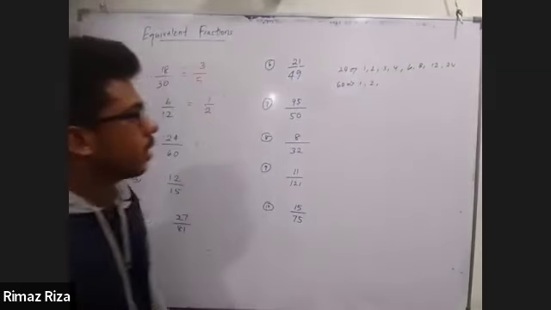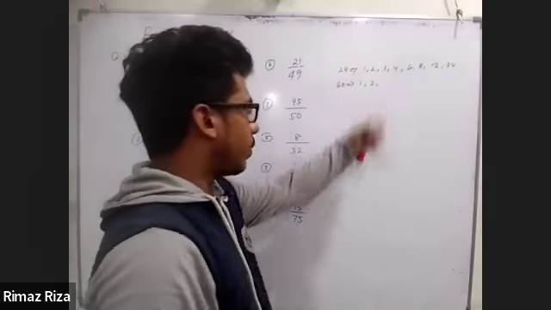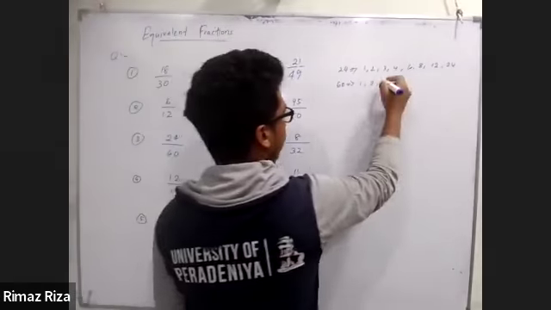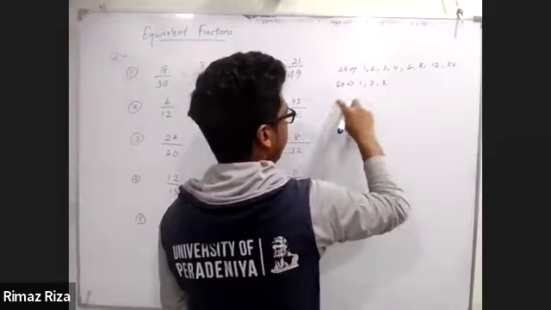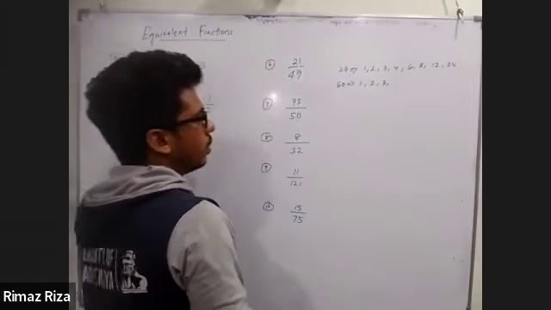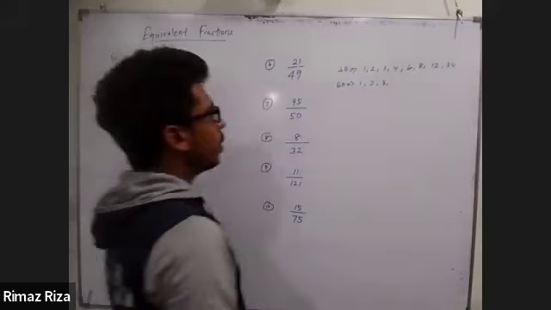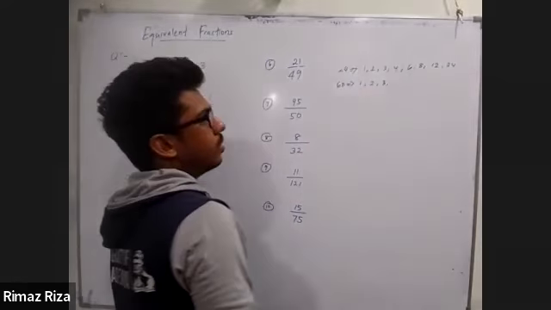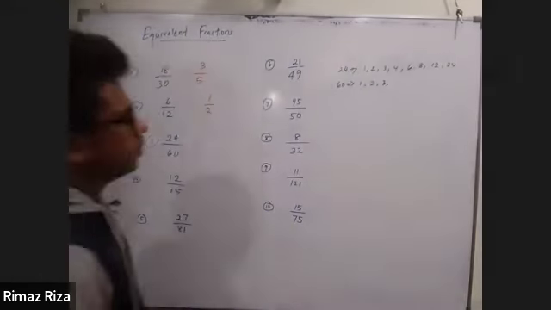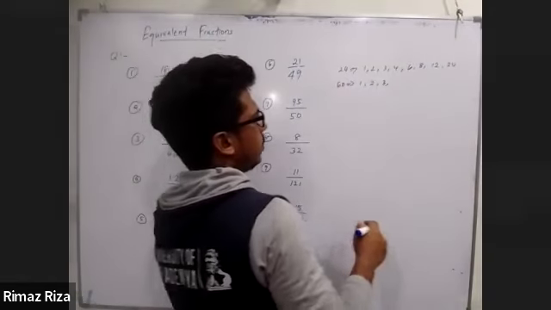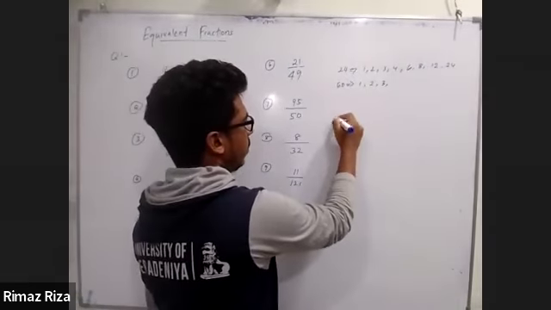Even numbers can be divided by 2, so 2 is a factor. Is it a multiple of 4? I think yes, right? Yes, 60 can be divided by 4.